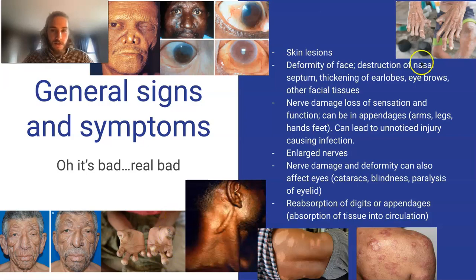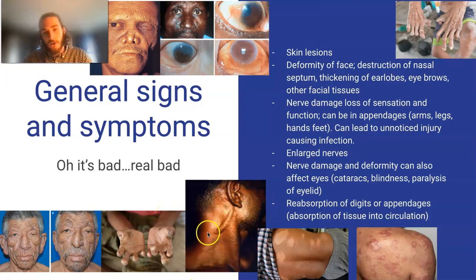It looks like they've lost their fingers, and that's because the body is absorbing the tissues and cells back into circulation. I think that's because since you can't use them to sense things or for picking up objects, it's basically just dead tissue, and so your body just reabsorbs it.